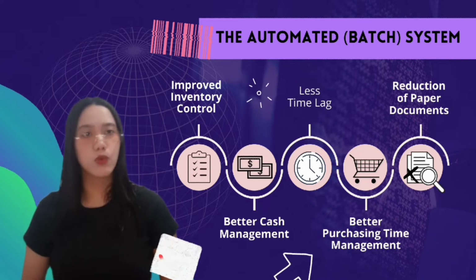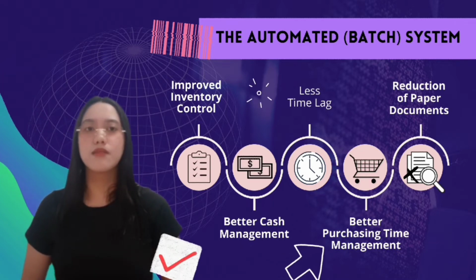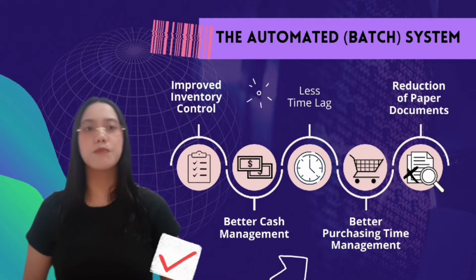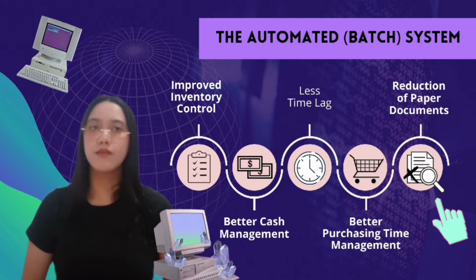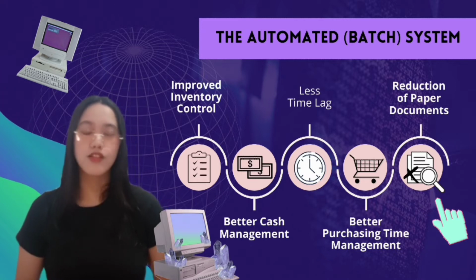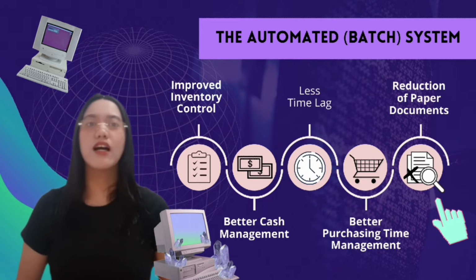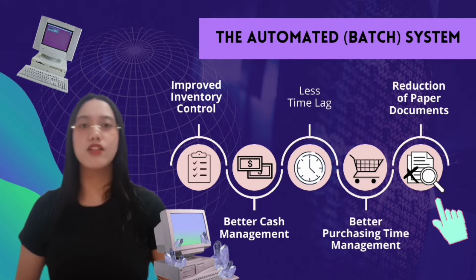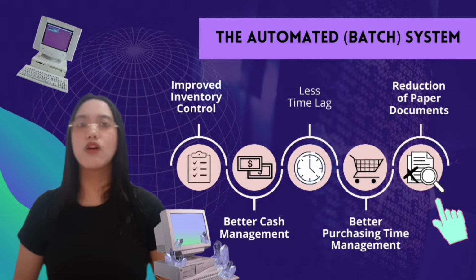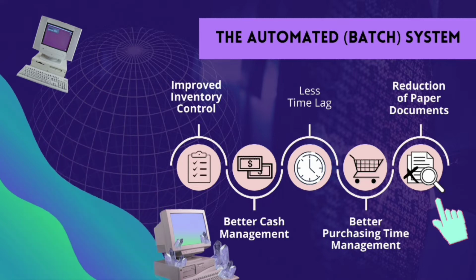To avoid this situation, automated systems free purchasing agents from routine works. We all know that all operation departments create endless documents. Through this system, organizations with high volume of transactions benefit considerably from eliminating paper documents in their system.